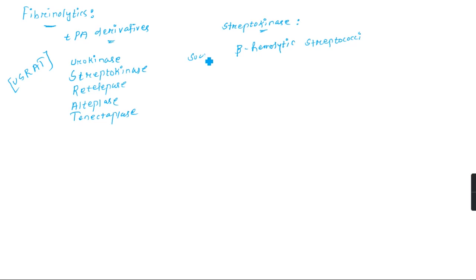It is its source. And it is the first fibrinolytic that was used clinically. What it basically does is it activates the tissue plasminogen molecule that ultimately activates the enzyme plasmin. One of the important properties is that it is non-specific in nature.